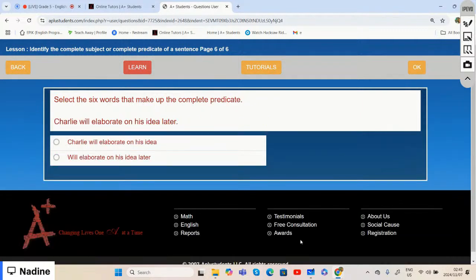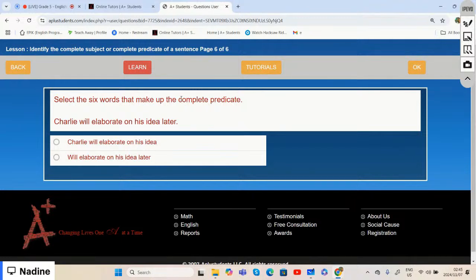All right, and now we're doing the last one, and then we are done for the night. It says Charlie will elaborate on his idea later. We now need to select six words that make up the complete predicate.